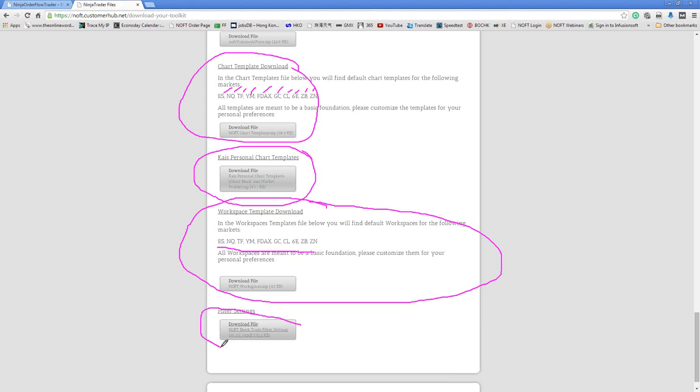We also have a specific PDF if you just want block trades on a certain chart, whether it be the Ghost Eye Block or the regular block trades. There's a PDF in there giving you the settings.